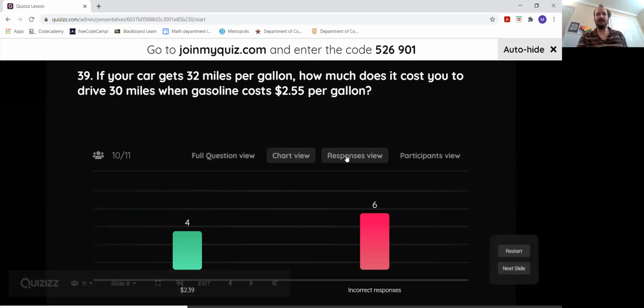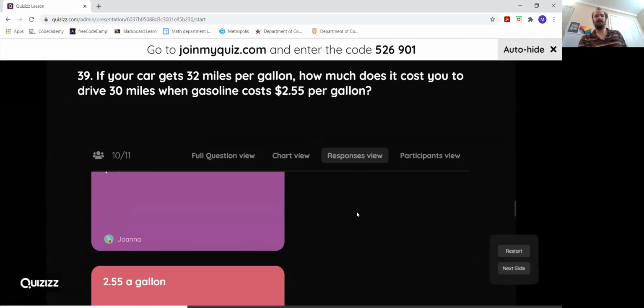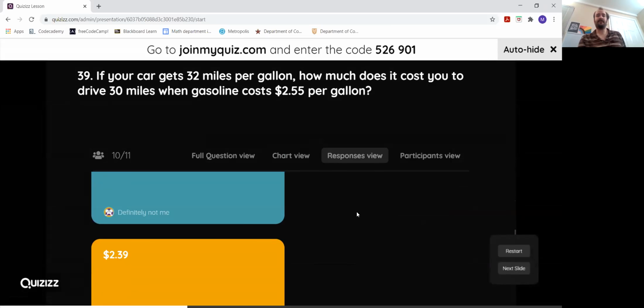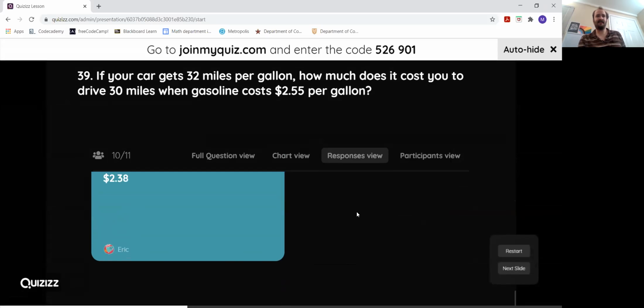Okay, that's 239. What are y'all getting? 230, 272. That's a little high. It should be under 255 for sure. So a few people look like they might be getting it.